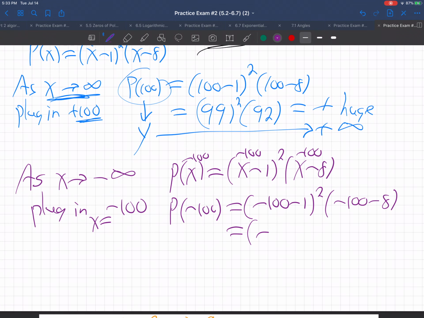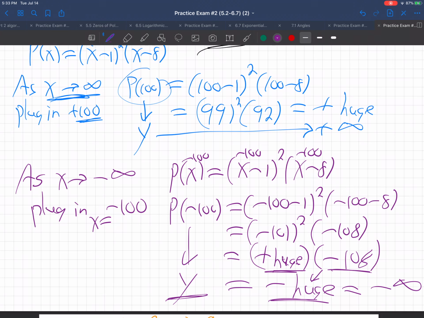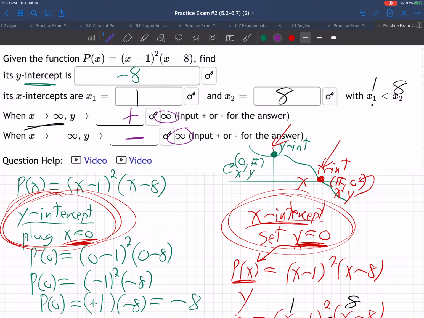That's negative 101 squared times negative 108. The squared part is going to be positive huge, and this is going to be negative 108. A positive number times a negative is negative huge, meaning it's negative infinity. So y, the function value, is headed to negative infinity. So we just put a negative, and the infinity's already there.